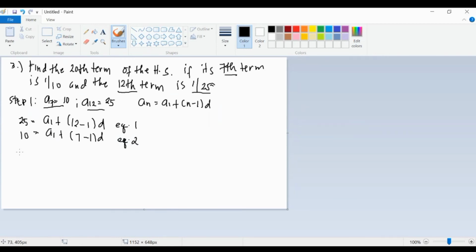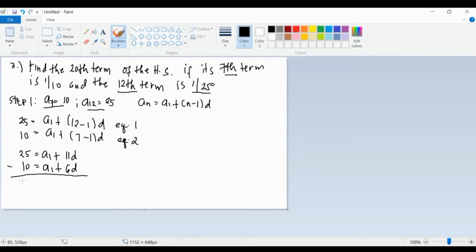Next, let us simplify the equation. 25 equals a sub 1 plus 12 minus 1, we have 11 times d, we have 11d. And then 10 equals a sub 1 plus 7 minus 1 is 6 times d, 6d. So we can now simplify this by subtracting equation 1 and equation 2.